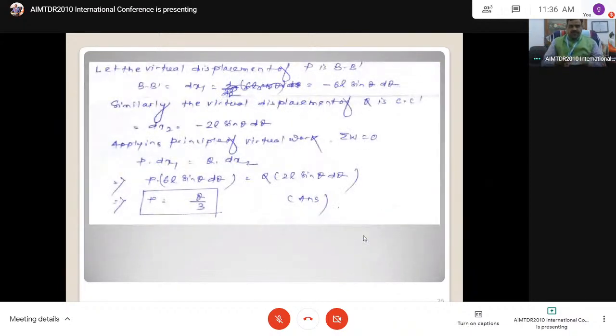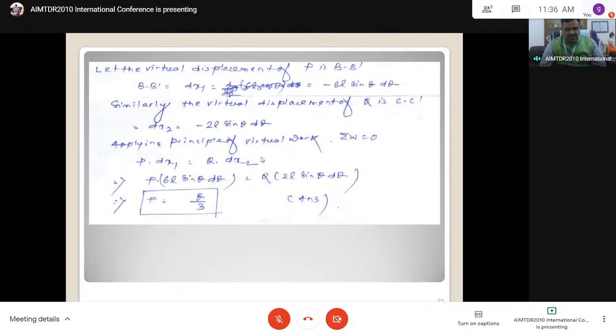Now the total displacement with reference to Q force, dx2 is minus 2L sin theta. So now we have to calculate. One is positive, this is 8L.